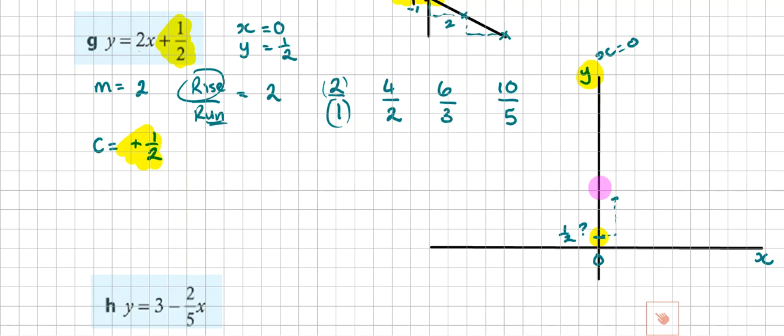So it's a bit tricky. So I put a point there. If I go across 2, I need to go up 4. So from this point, instead of going across 1, up 2, I could also go across 2, up 4. So that's 2, that's another 2.